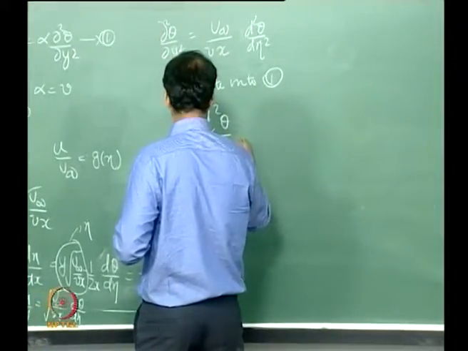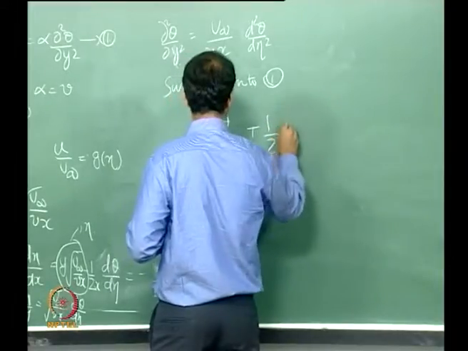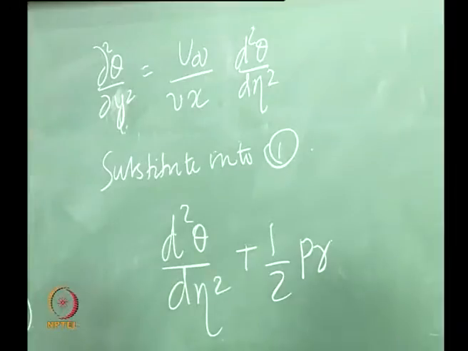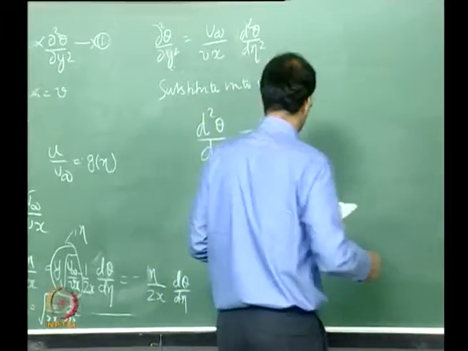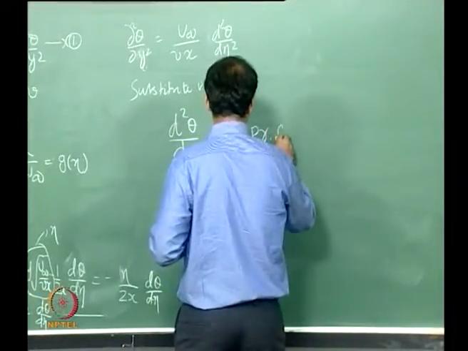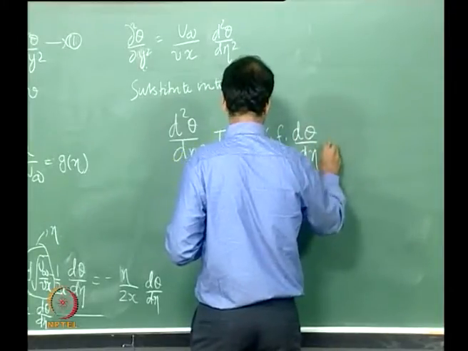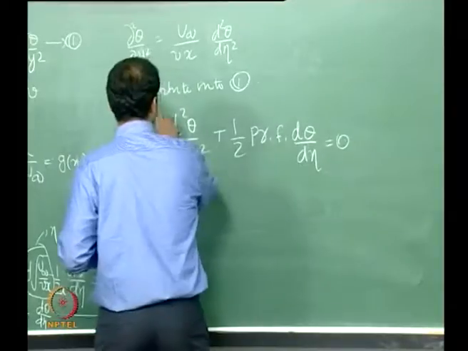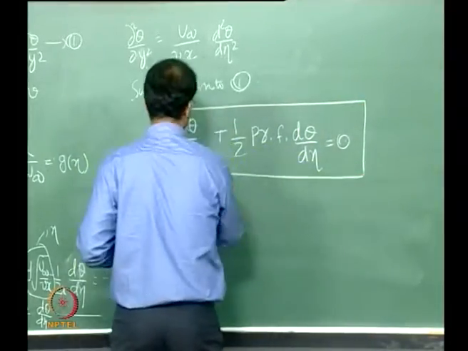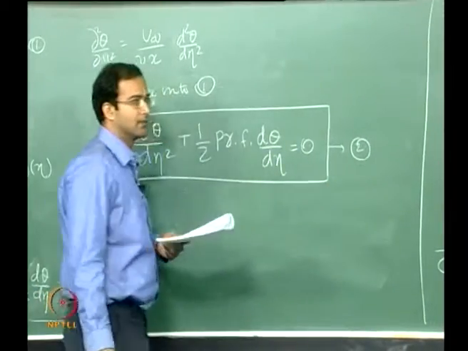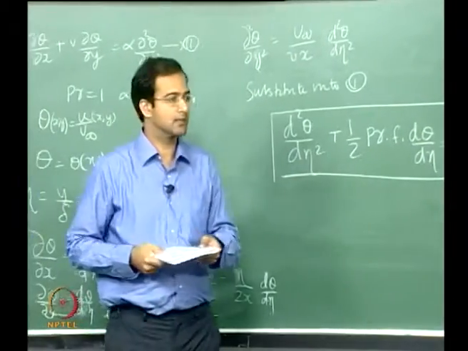All the other terms get cancelled off, so you get only a function of eta everywhere. There are no terms in x and y coming out, so Pohlhausen's guess that theta should be a function of eta was absolutely correct. So this is the similarity solution that you can get for temperature.